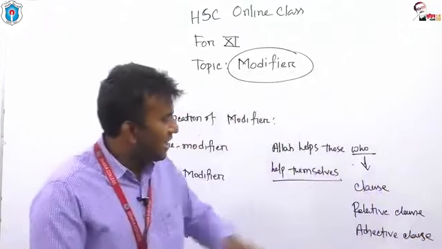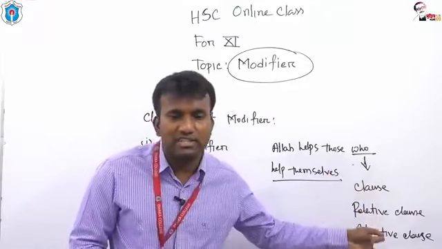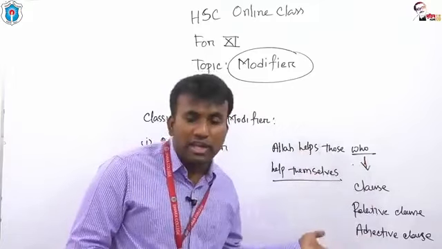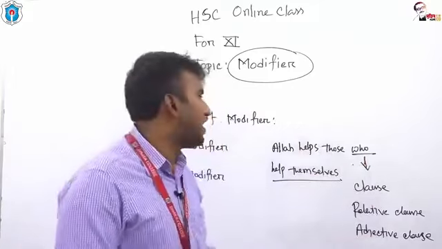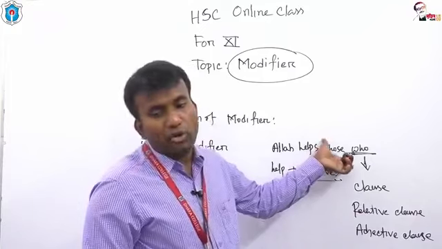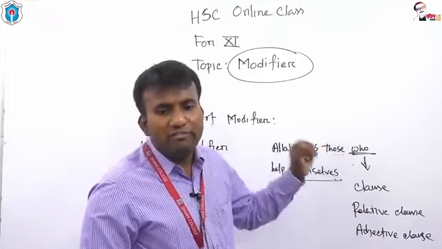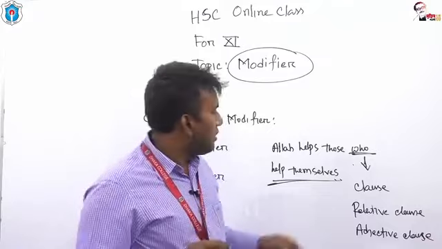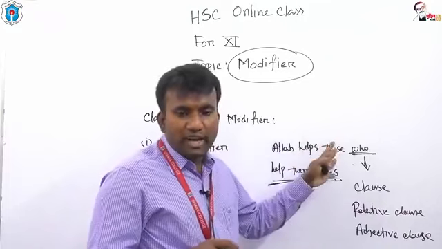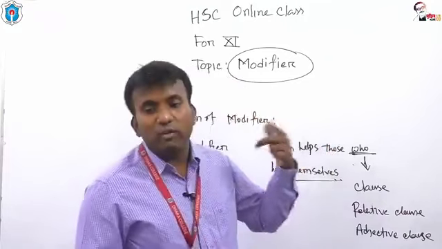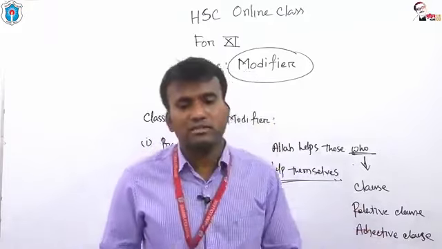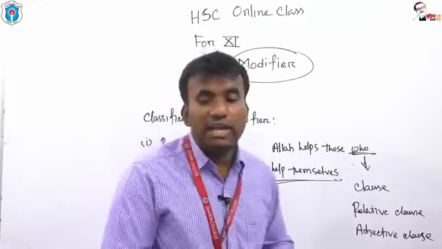You can say this is a clause, you can say this is a relative clause, you can say this is an adjective clause. And this clause is working as post modifier because who help themselves modifies the pronoun those. The modified word is those, and this modified word is being modified by who help themselves. That's why I can say clause or relative clause, adjective clause is used here as post modifier.